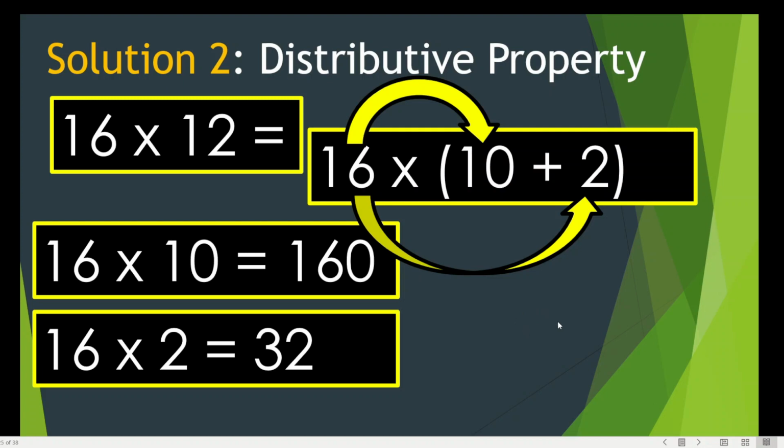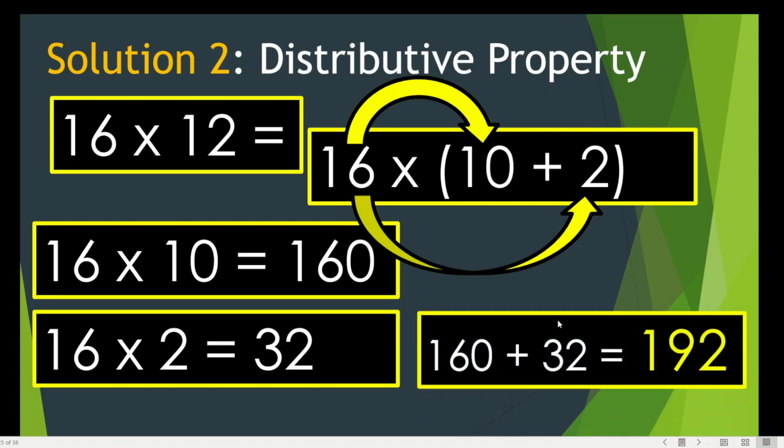Okay, and then add the two partial products. So we have 160 plus 32, which is also the same as solution number 1. We have the answer 192. So this is solution number 2 using distributive property.